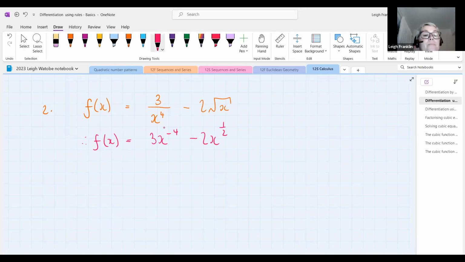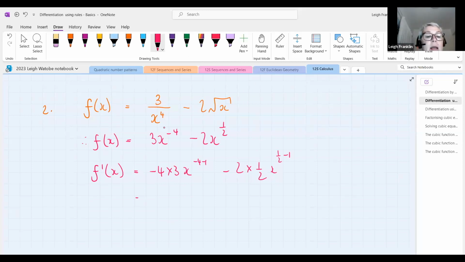Now on your next line, what are you going to write, Leanne? Then next, ma'am, we're going to write f prime x equals 3 times negative 4 x to the power negative 4 minus 1. Lovely. And then negative 2 times half x to the exponent half minus 1. Good.